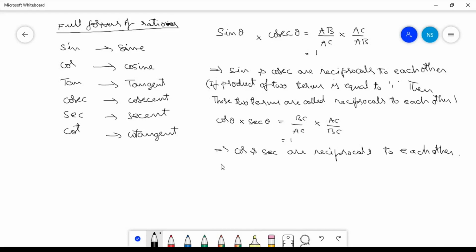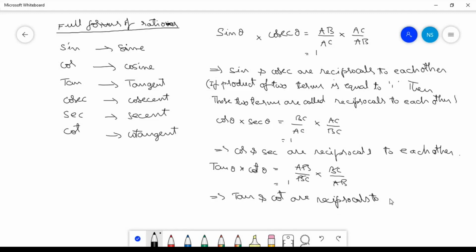In the same way, tan theta into cot theta is equal to AB by BC into BC by AB, which is also equal to 1. That implies tan and cot are reciprocals to each other.